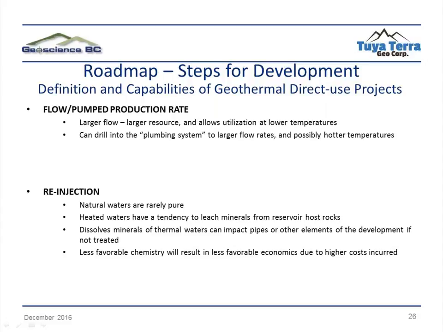If you recall from our exploration module, when I was talking about the production of clays and the dissolution of rocks and minerals such as magnetite, the dissolving of those minerals puts material into the water. So it changes the water chemistry significantly, and that change can have an impact on our surface pumps and pipes, but it can also have an impact on how we reinject that material back down into the subsurface.